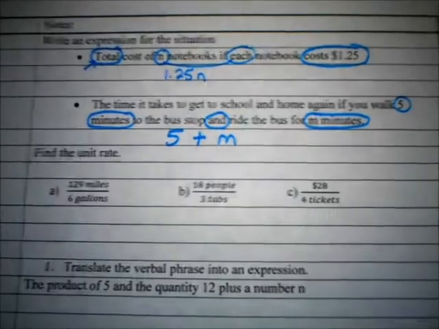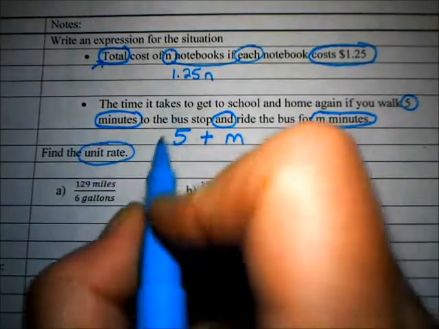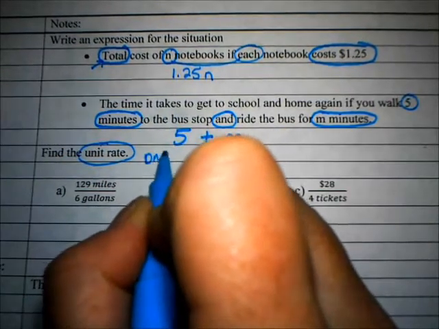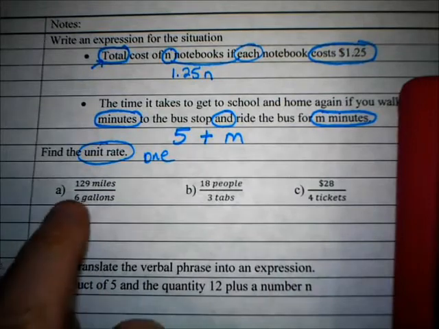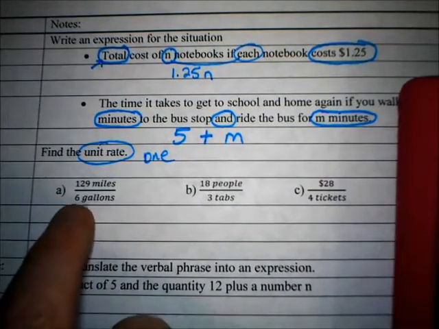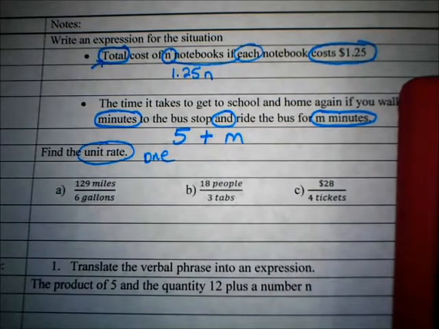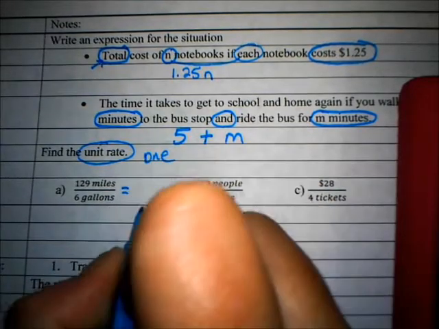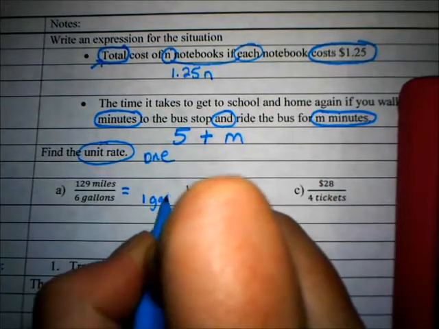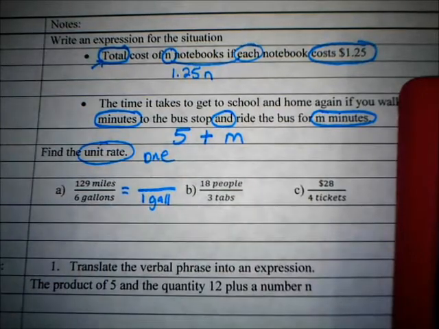Alright, on example 3, it's asking for the unit rate, and that's where we want it for 1. What is it for one item? So it's like on A, it has 129 miles for 6 gallons. We want to know what it is for 1 gallon. For 1 gallon, how many miles can we travel?